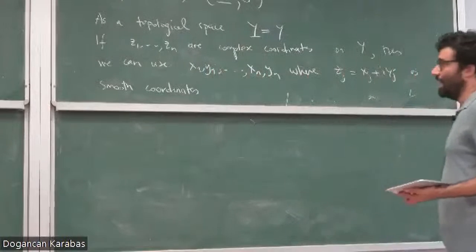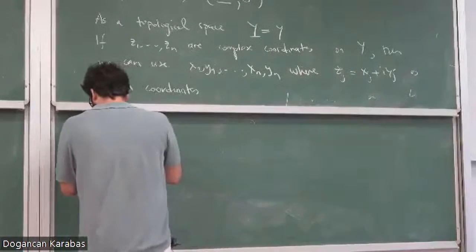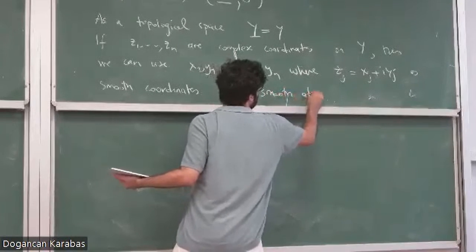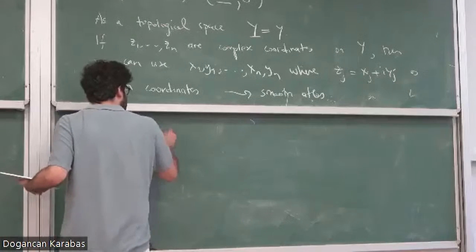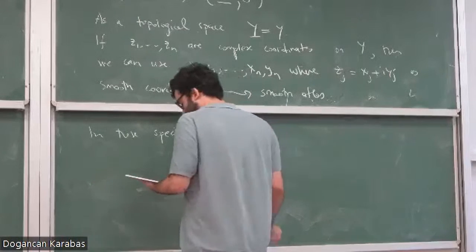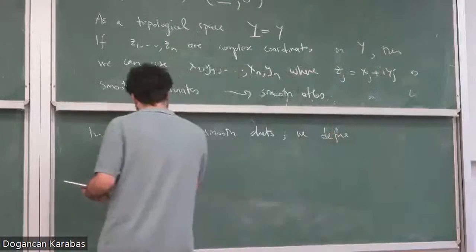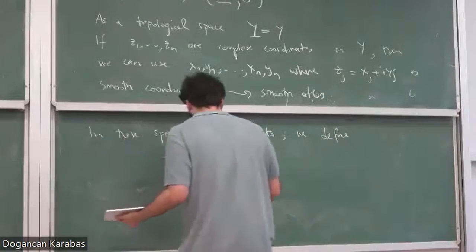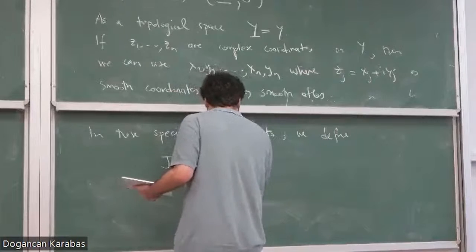And how do I obtain my operator J, this vector bundle map J? Well, we get a smooth atlas, and in these special smooth charts you define J of d/dx_j, well, whatever letter I use causes a problem, but it's a capital J and a little j, so it's okay.